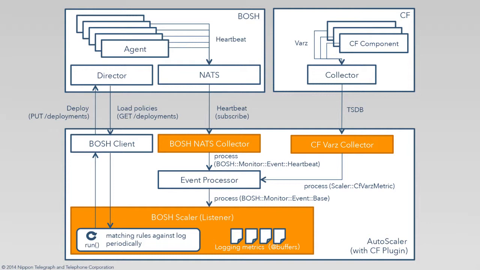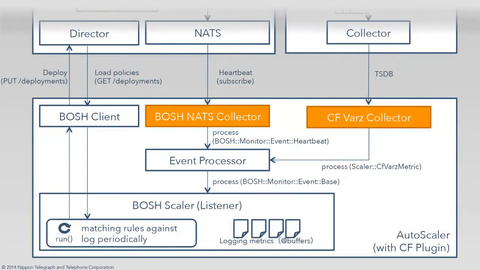With the Cloud Foundry plugin, you can also use the CF collector. With this collector, you can use various metrics, which you can retrieve from the collector component of Cloud Foundry.